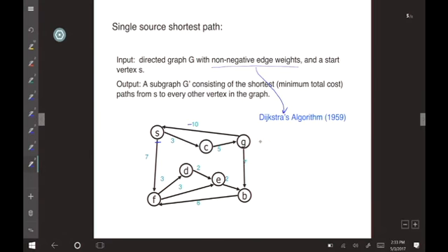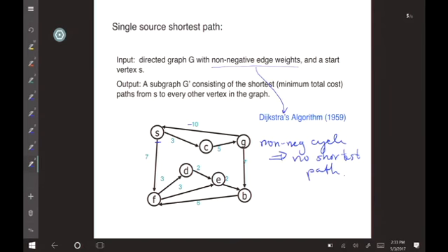A negative cycle implies no shortest path, okay? Any question about that? So all of the shortest path algorithms assume no negative weight cycles. Dijkstra's algorithm assumes no negative weight edges, and we'll talk about why that's true later.